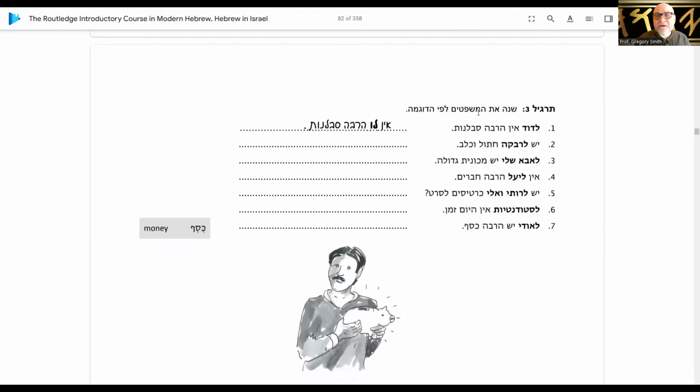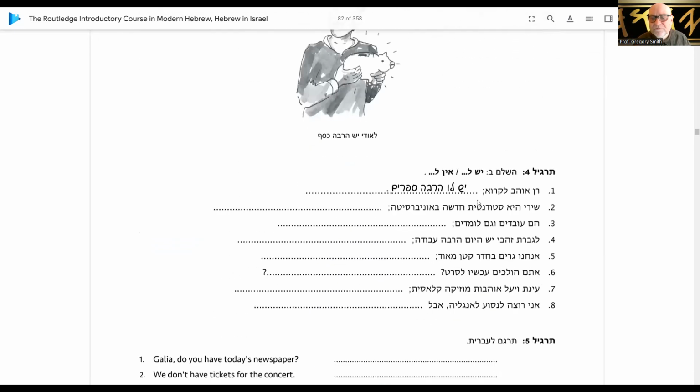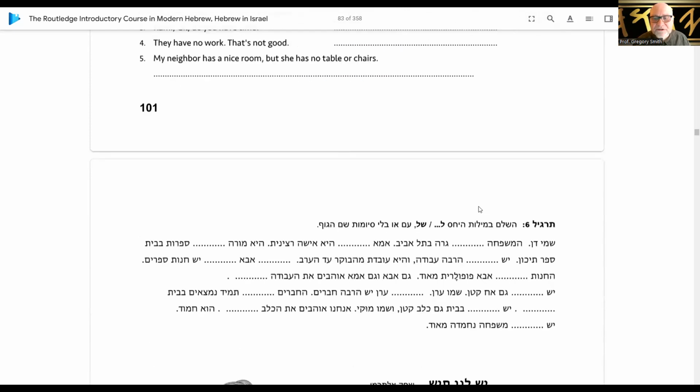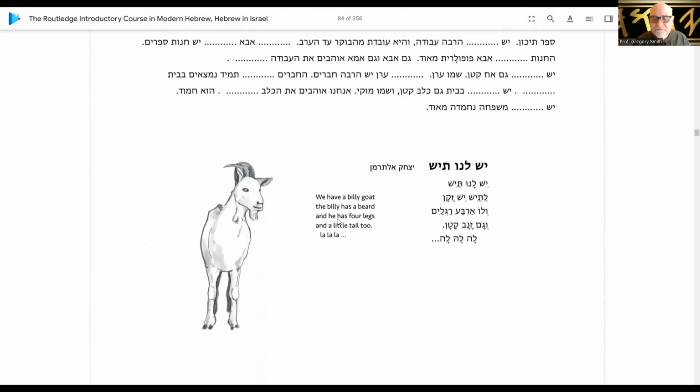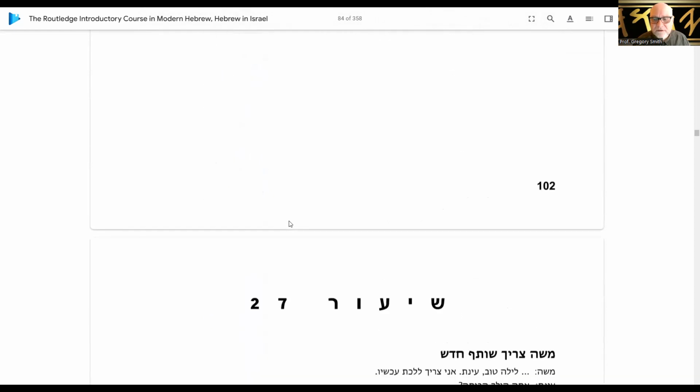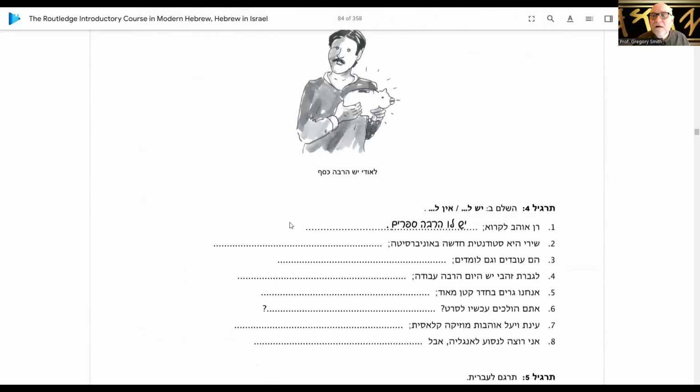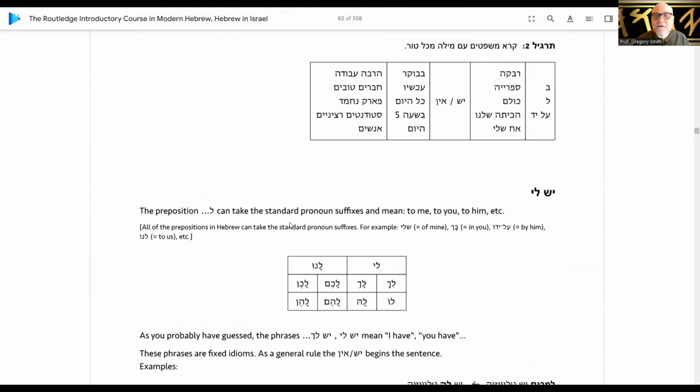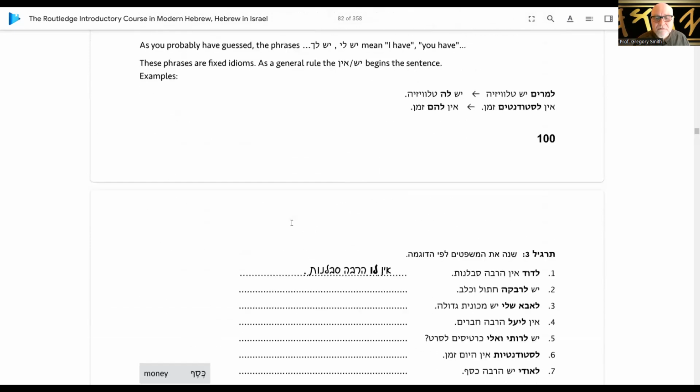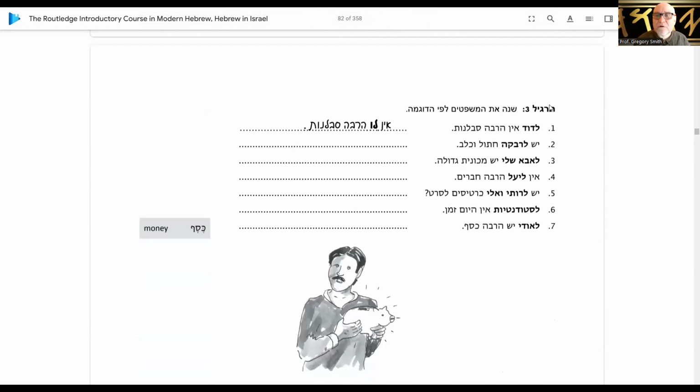Okay, so now we are on Targil 3, and we have kesef here for money. Kesef actually means silver, but it also doubles as a word for money. Let's see what else we've got here. Oh, look at all these exercises we've got. Okay, so this is where we're at, Targil 3.